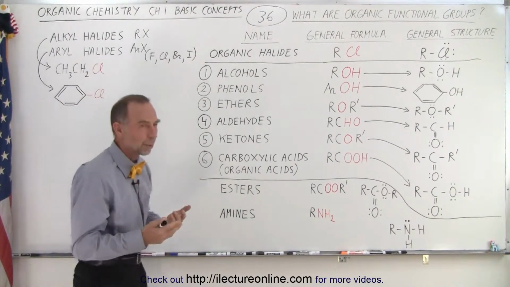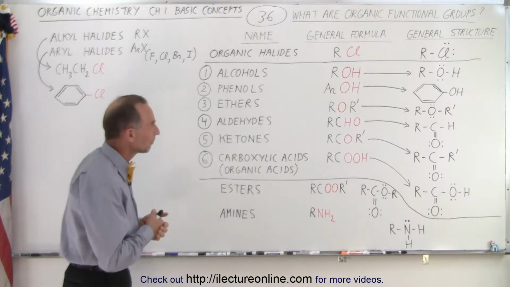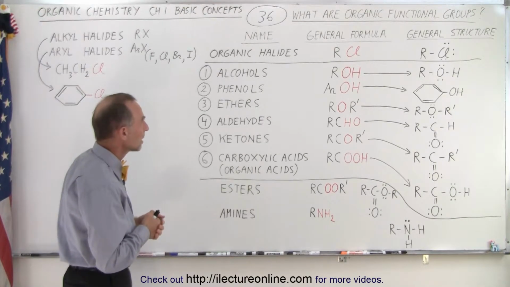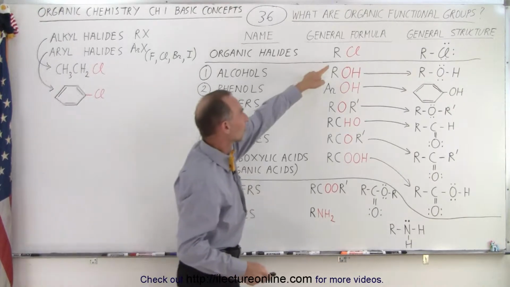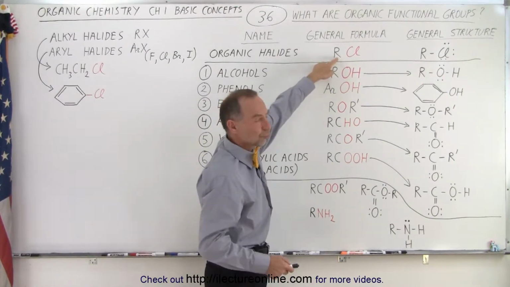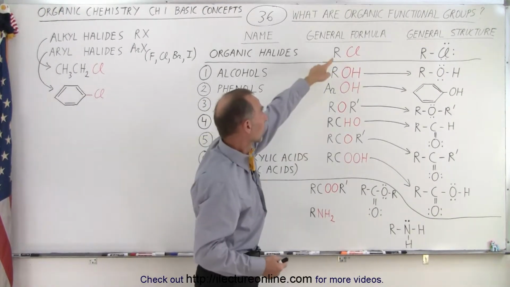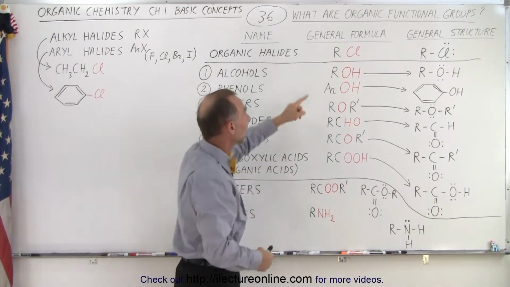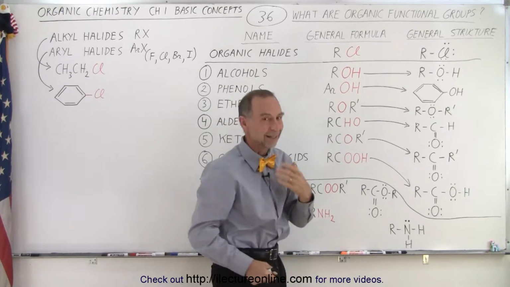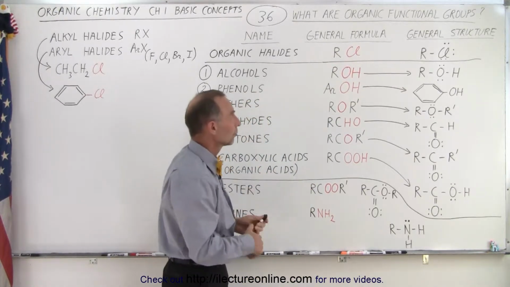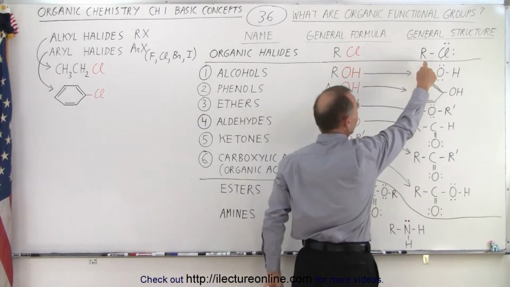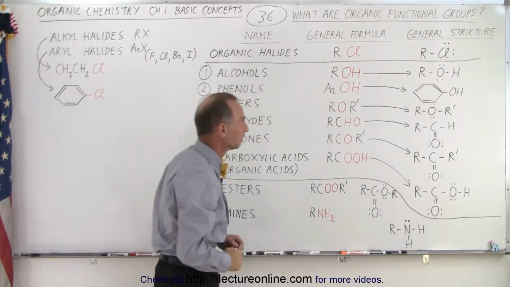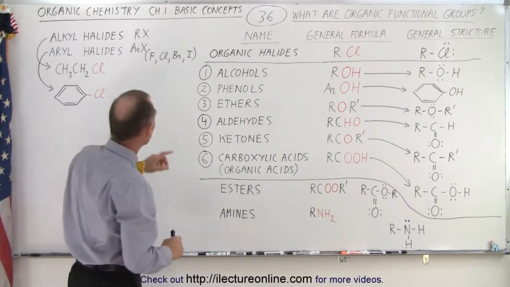Now, chlorine is probably one of the more common of the halides found in organic chemistry, and notice that it simply has what we call a string of carbons, a carbon chain, so we represent that by R, a bunch of carbons and hydrogens, and attached to that will be a single halide like a chlorine. So the general structure is that you're going to have a string of carbons and then attach a single chlorine atom.